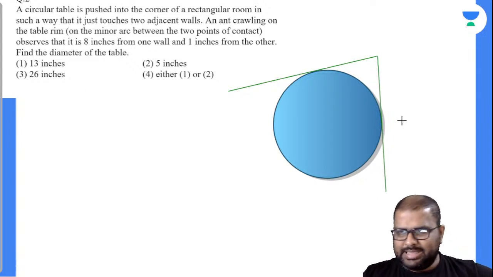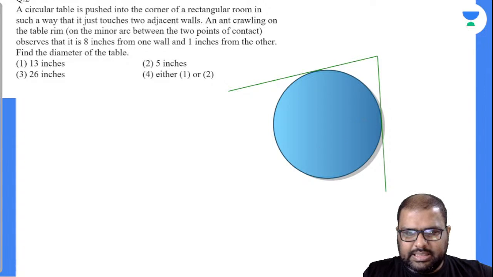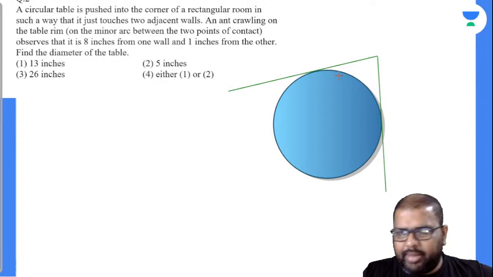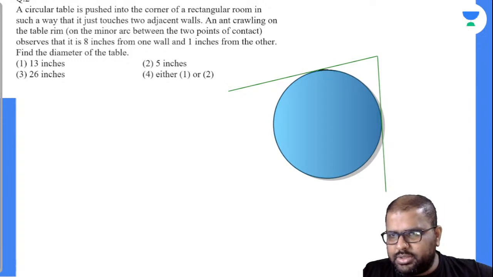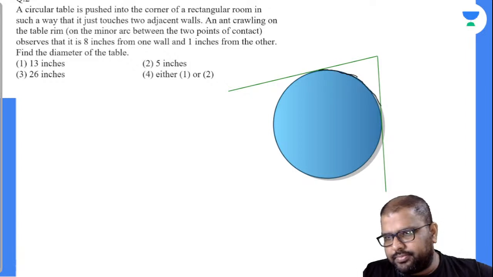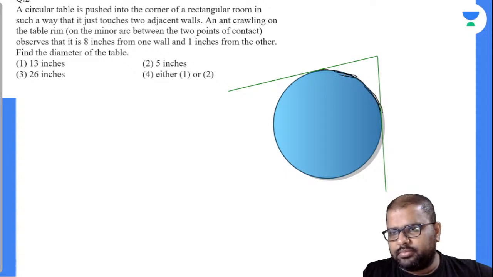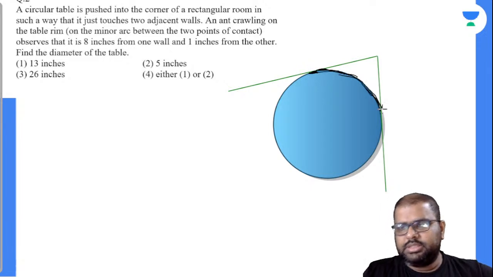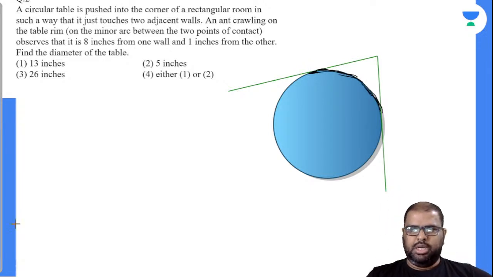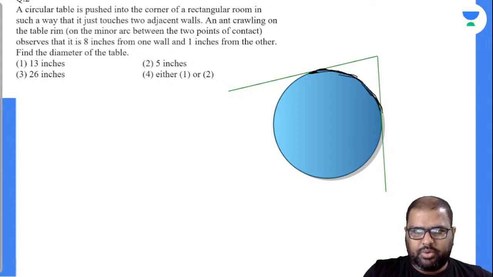Now see here in this entire circular table, this part is nothing but called your minor arc. Am I right or wrong? This is your minor arc. Closely observe there.